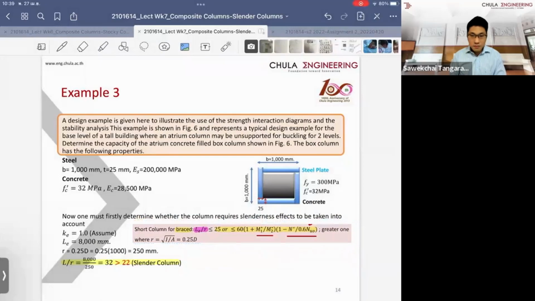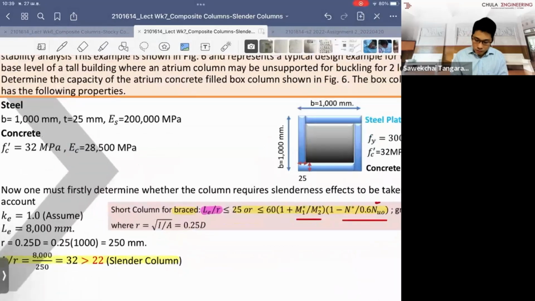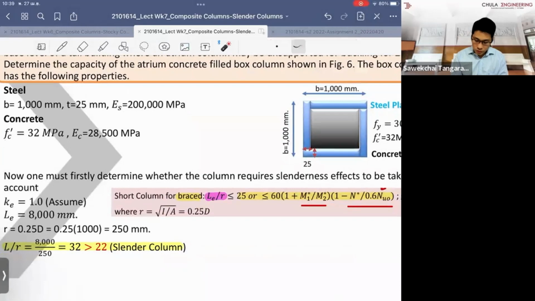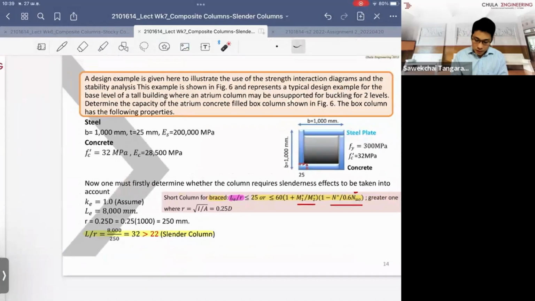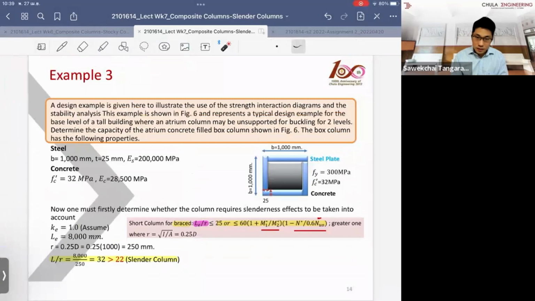All right, let's just keep this in mind. And rather than using 22, you use 25 to be more consistent for this case. But okay, assuming that this is the standard column.